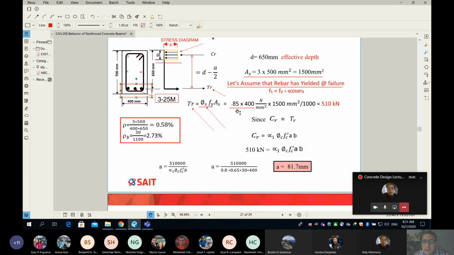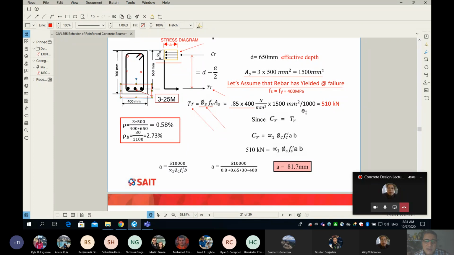Now you can see all you have to do is multiply your stress by the area, and also remember the units. Units are very, very important. When we say 400, it's MPa, and MPa is Newton per millimeter square. If you multiply Newton per millimeter square times millimeter square, obviously you get the force T in Newton.